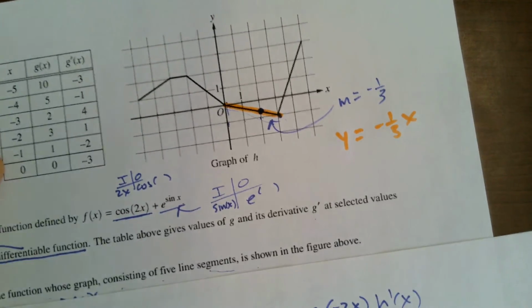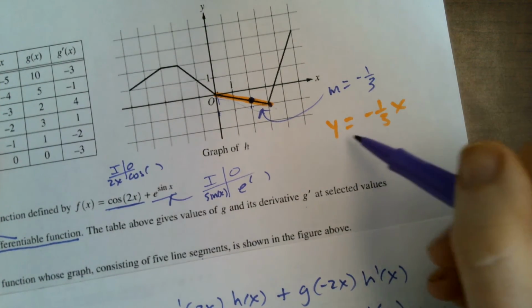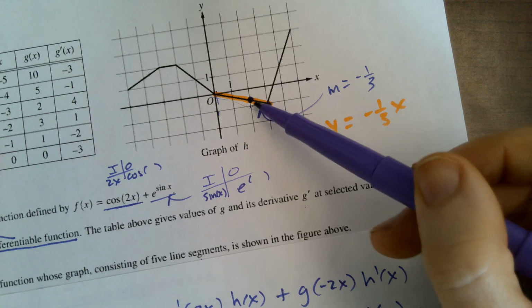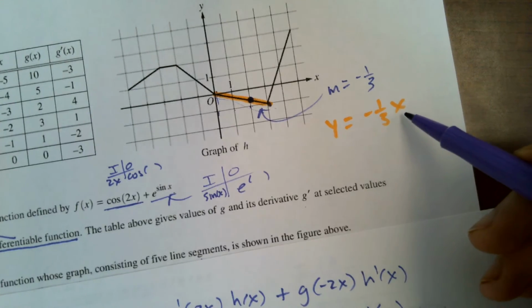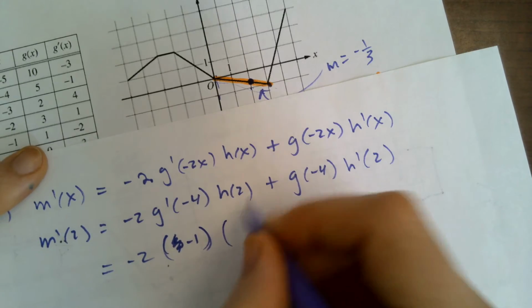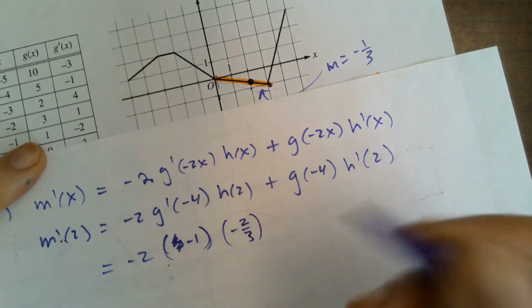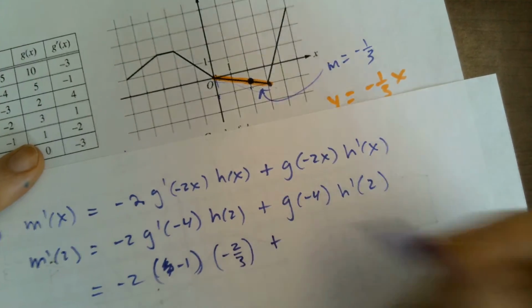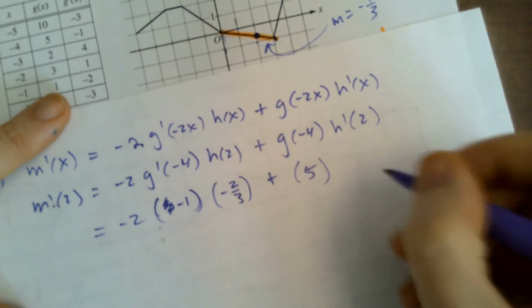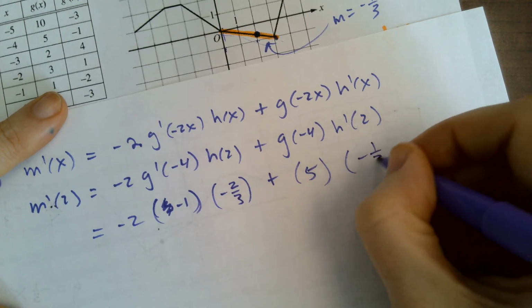Okay, so h of 2, for that y value, I just plug 2 in for that x value. So that's negative 2/3 plus g of negative 4 is 5. And then h prime of 2 is negative 1/3.